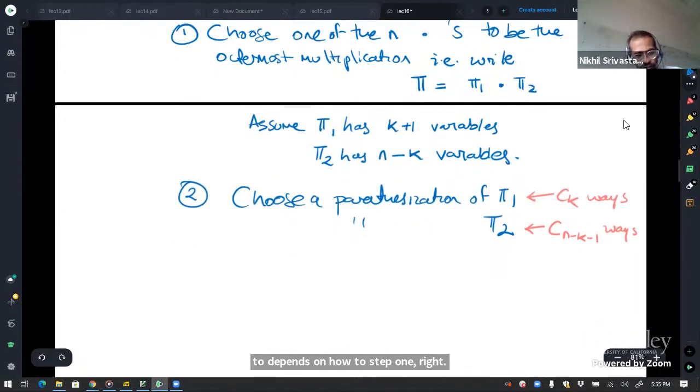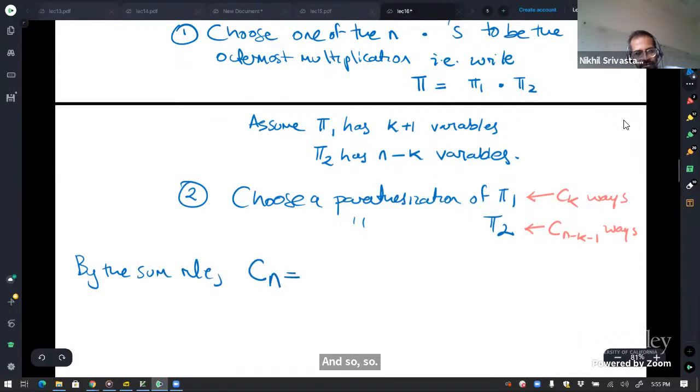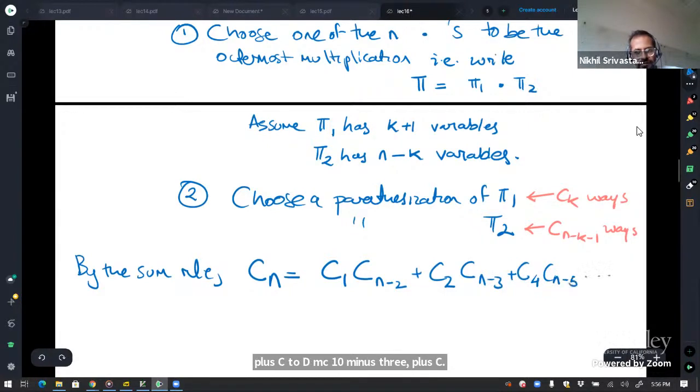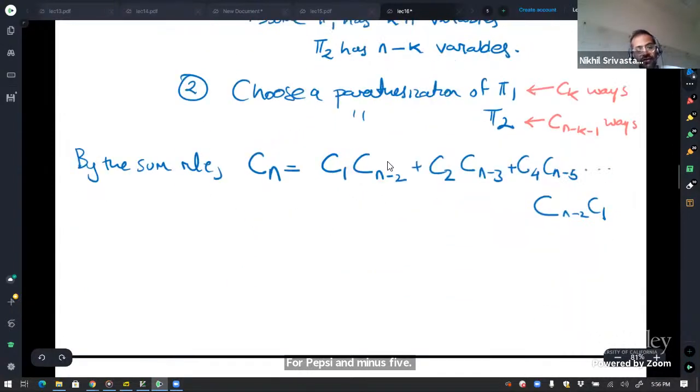And so by the sum rule, the total number of ways, you have that Cn is equal to C1 times Cn minus 2, sorry, I have this wrong, plus C2 times Cn minus 3 plus C3 times Cn minus 4, all the way up to Cn minus 2 times C1. And so this is also a valid recursive definition of these numbers.